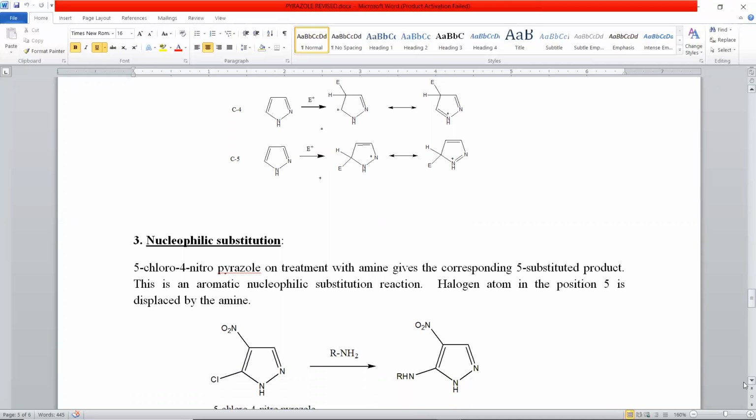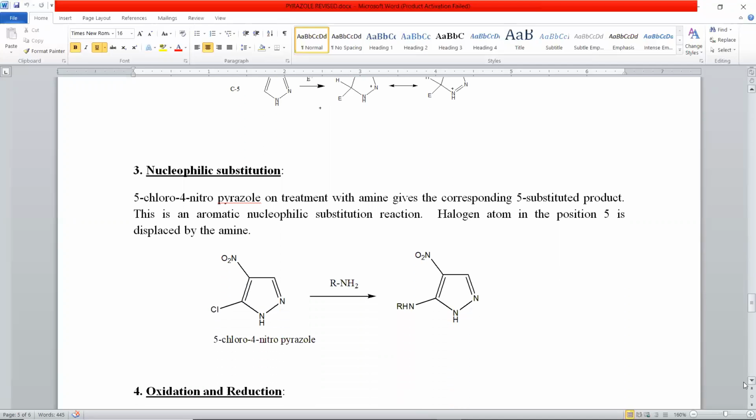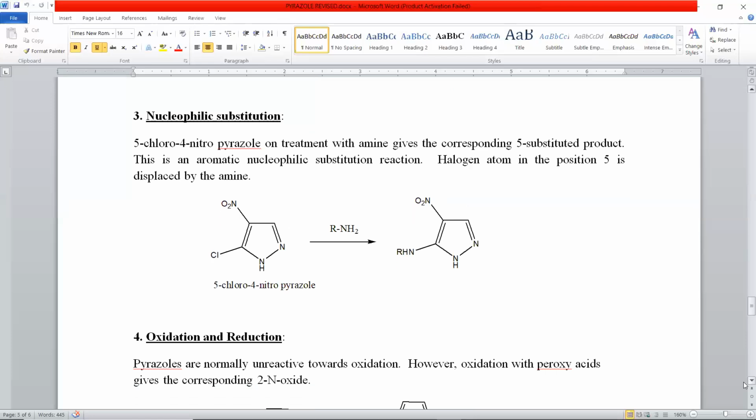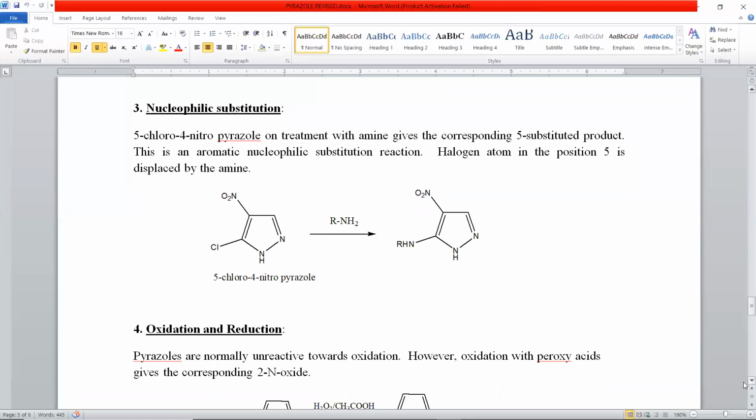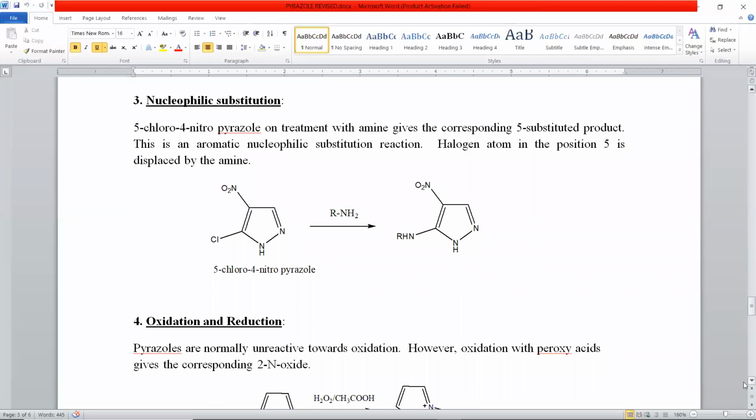So nucleophilic substitution. Coming to the nucleophilic substitutions, normally in nucleophilic substitution reactions, a leaving group is displaced by the nucleophile in the pyrazole ring system. So 5-chloro-4-nitropyrazole on treatment with amine gives the corresponding 5 substituted product. This is an aromatic nucleophilic substitution reaction.